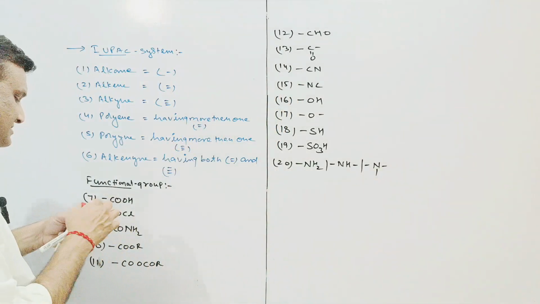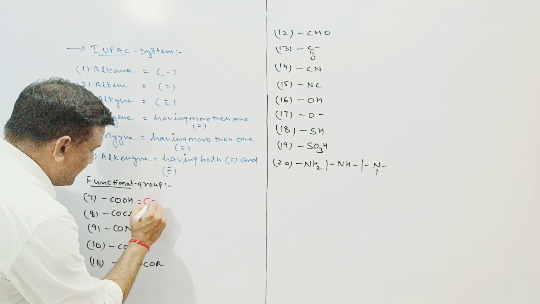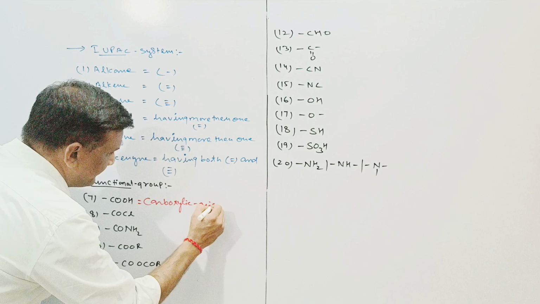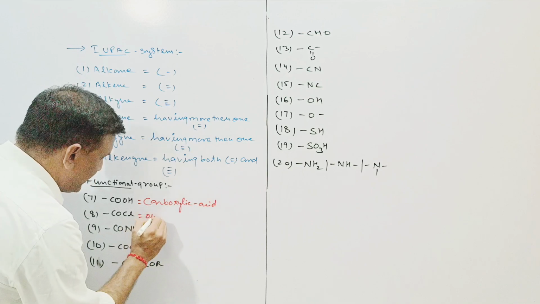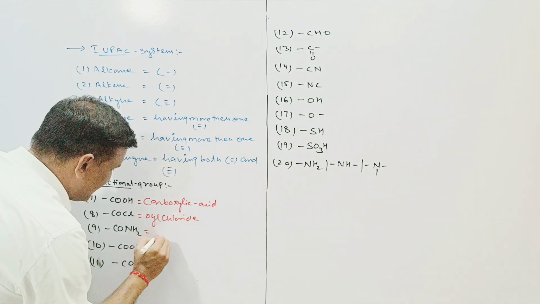So what are these? This is the carboxylic acid. This is the acid chloride, or you can say acyl chloride. This is the amide.